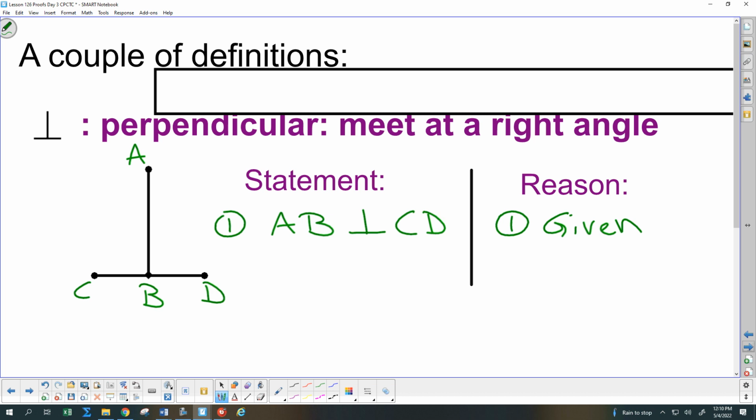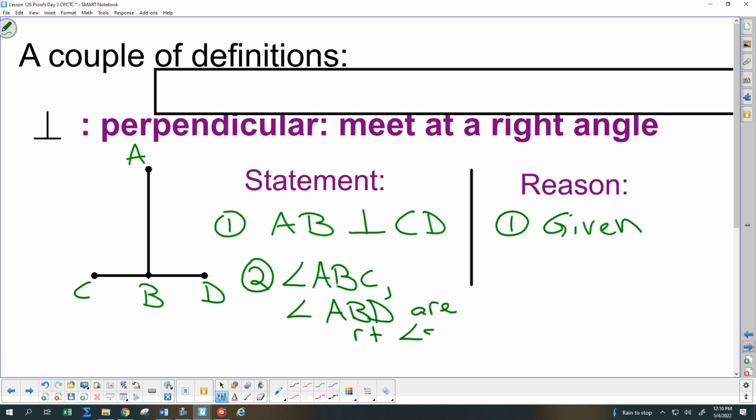Then what that means that I could write would be angle ABC and angle ABD are right angles, and that would be definition of perpendicular. So that would be how you would use that statement if you're given that they are perpendicular.